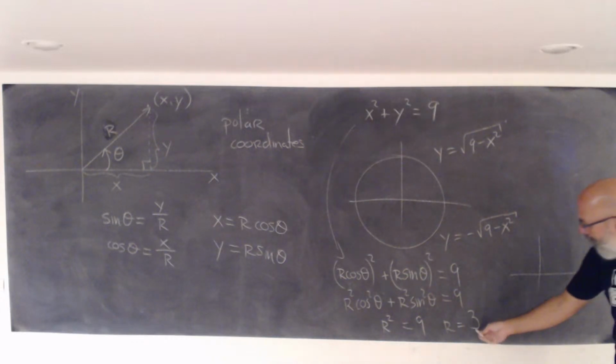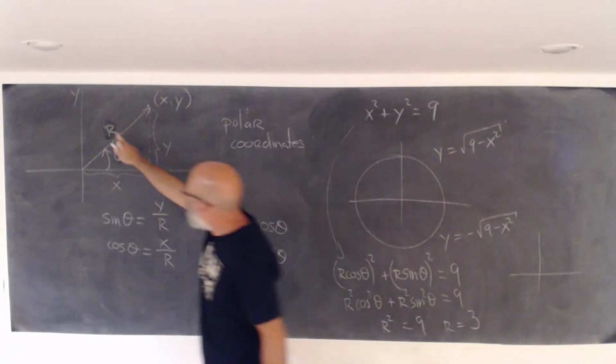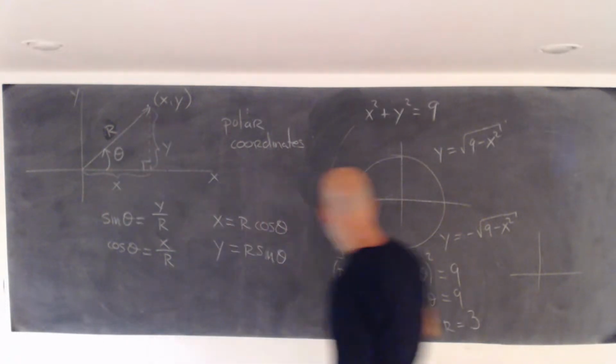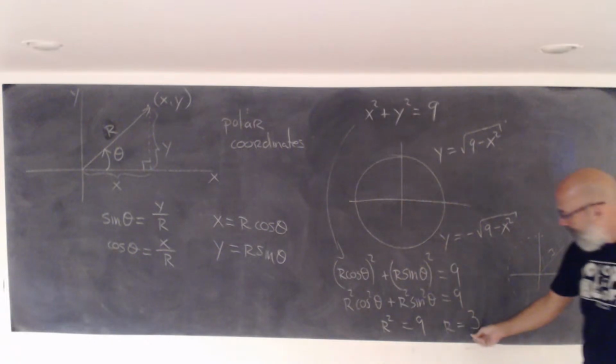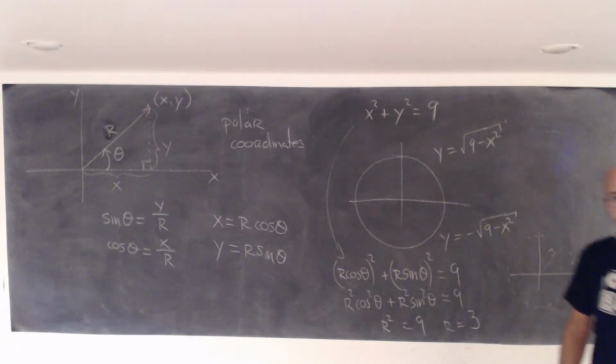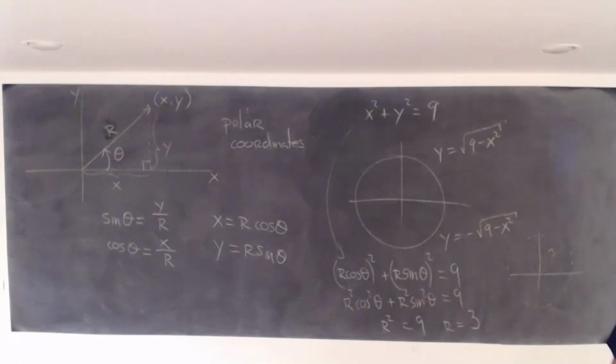You are looking at a function which is always 3, because r is the distance from the origin. So you're looking at the collection of points which are 3 from the origin. A very easy description to work with.